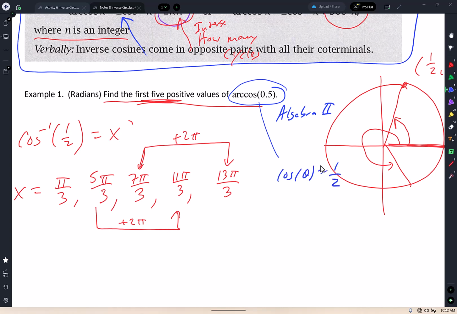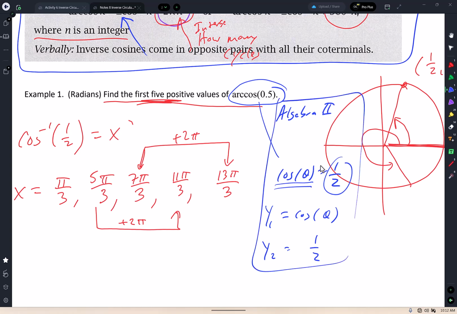In algebra 2, you went to y1 and typed in cosine x or cosine theta, then you went to y2 and typed in a half, and then you graphed them and saw where they intersected. According to this, if you use the algebra 2 method, you should get these same values here. Is that making sense to you guys? So let's try it out together, because this is going to be an important skill that you're going to need.